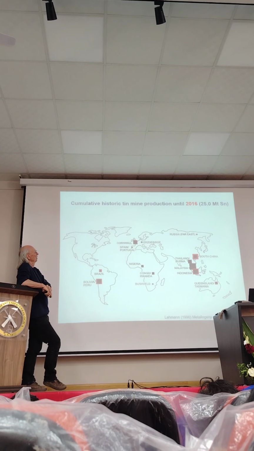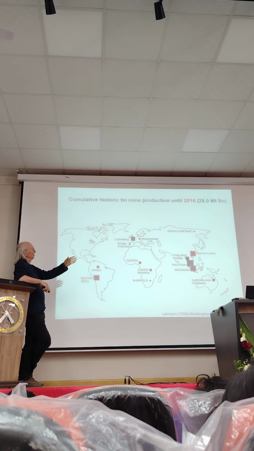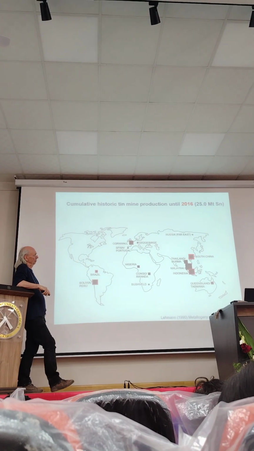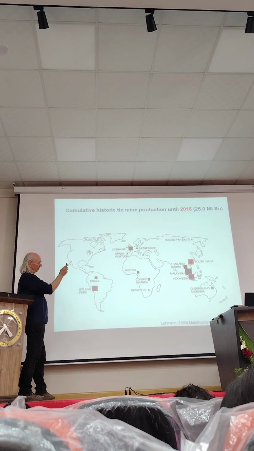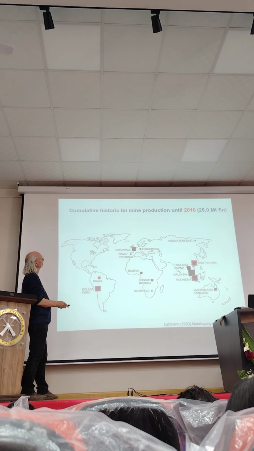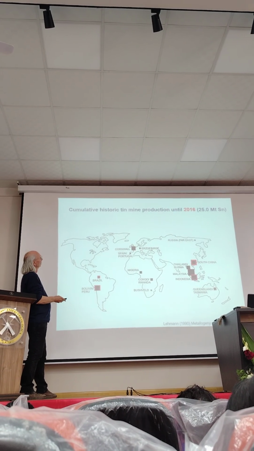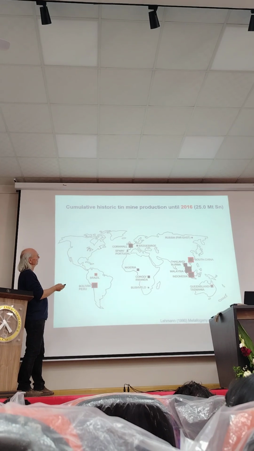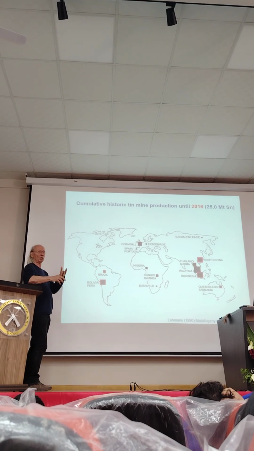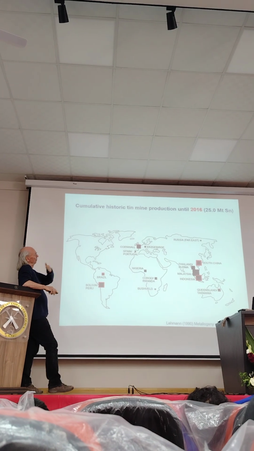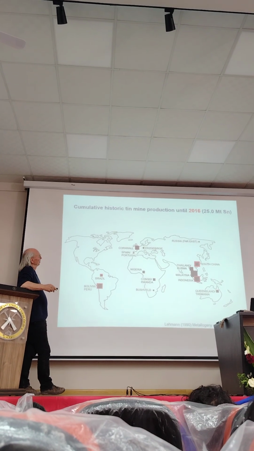Same tin provinces, and more or less the same situation as we had 30 or 40 years ago. Until 2016 it was already 25 million tons of tin which was produced cumulative, historical, over 2000 years.